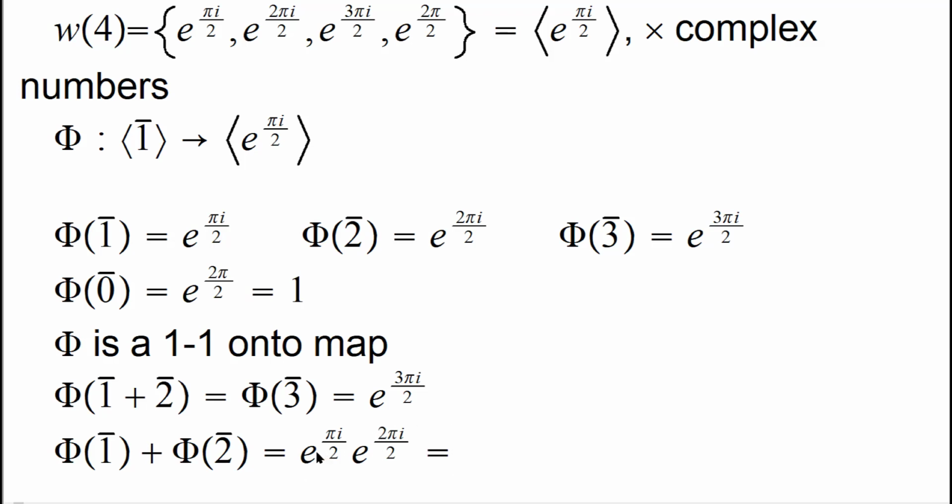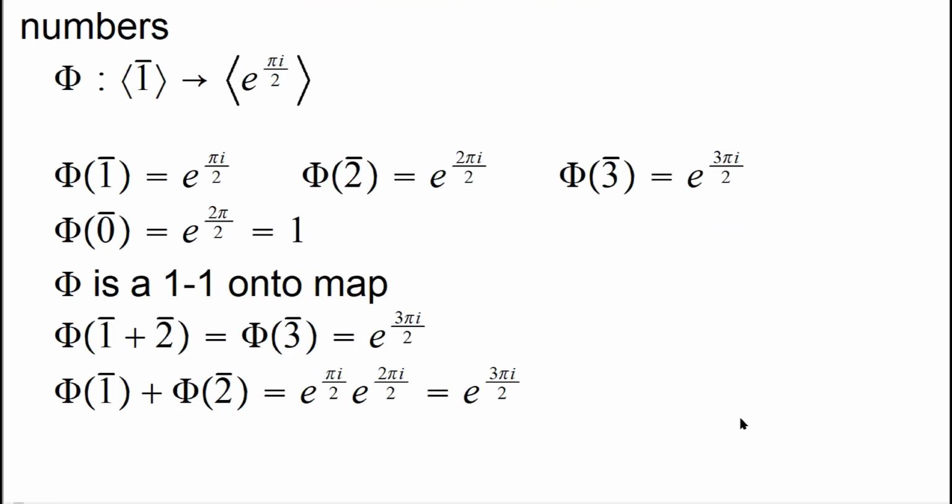So what will happen is these two powers will add, and we will simply get e to the 3 pi i over 2, right? And you can do that with any pair of elements. You shall see that the relation is satisfied. So we have a 1-1 onto map.